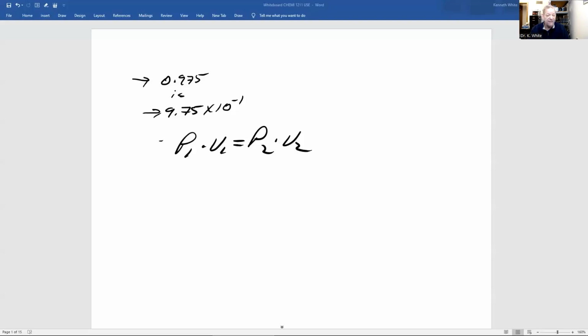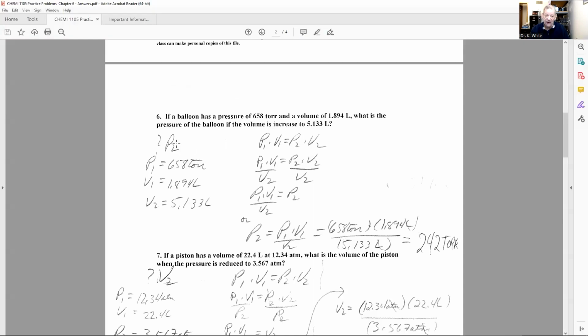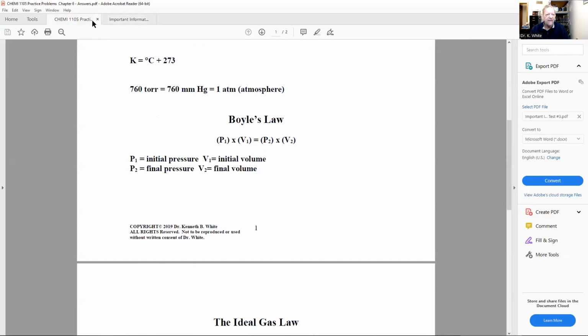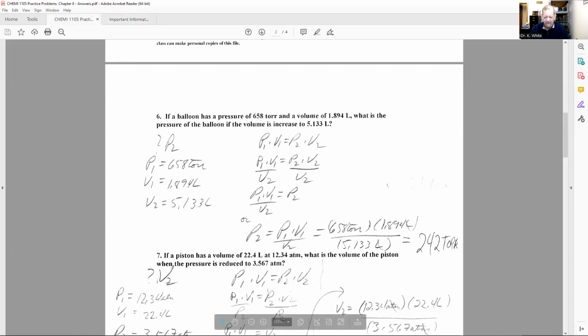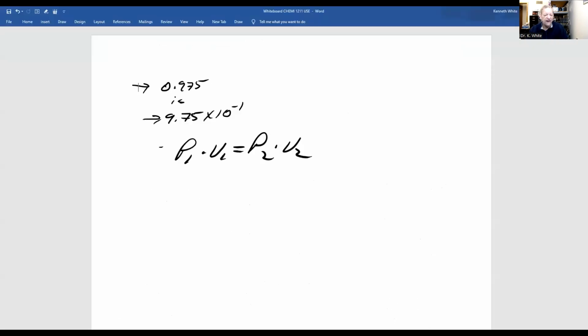Well, if you forgot, go back and we're trying to solve for P2. That's the advantage of doing this, writing what you're trying to find and what you're given. So we're trying to find P2. So how do we get this alone on one side?